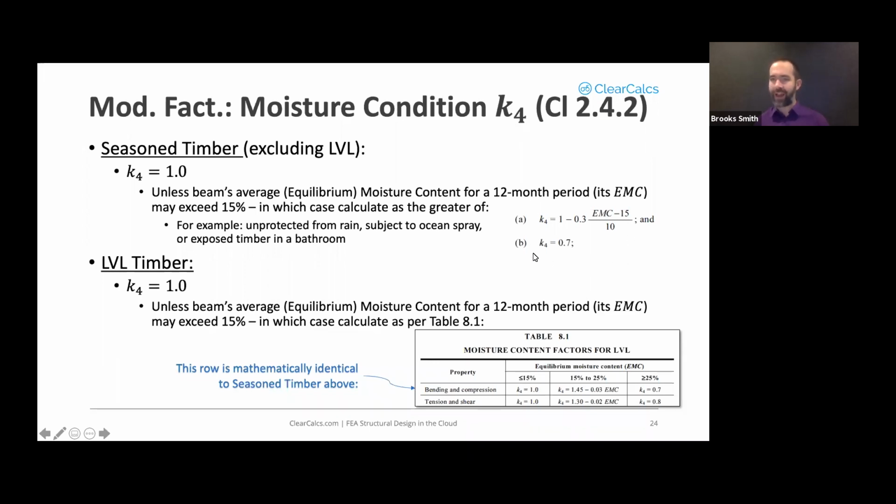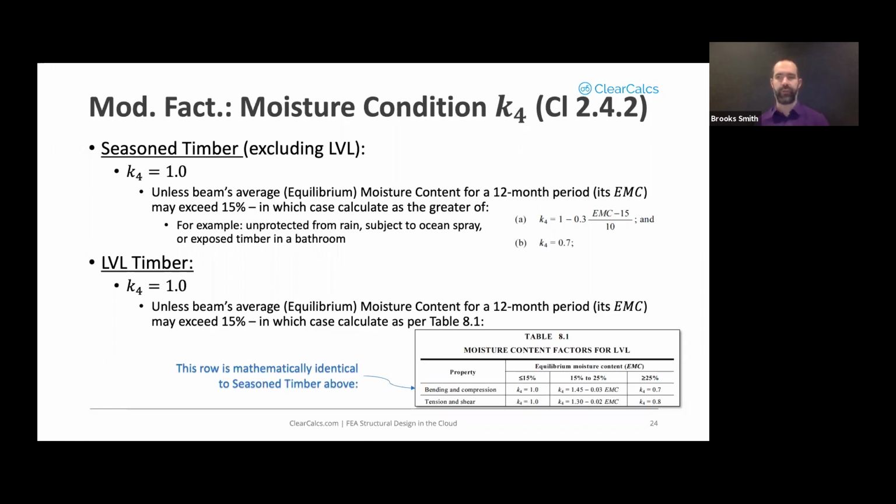So again, what does that actually mean? If you have a seasoned timber that you are using in a situation that's not protected from rain, for example, on a patio, or if it's for a building right on the ocean and might get ocean spray, then you should probably make use of this clause.